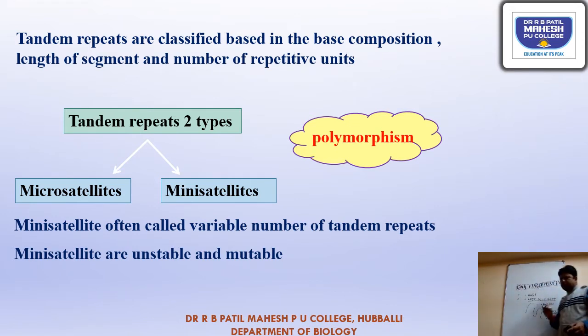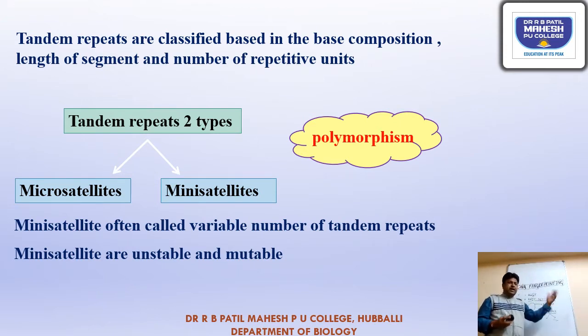So you already know that. I told you when you compare parents and offsprings, you find variations in the characters. In some regions they are similar. In some regions, some sequences are unique to particular individuals. And these repetitive sequences undergo mutations.